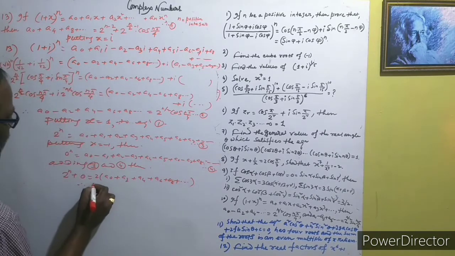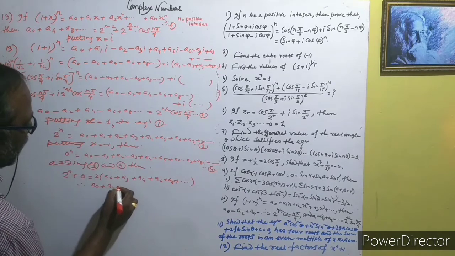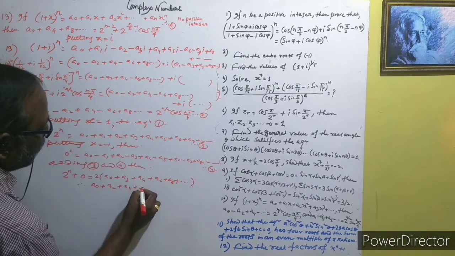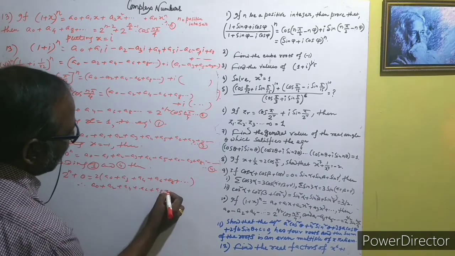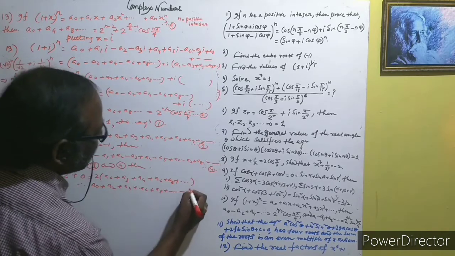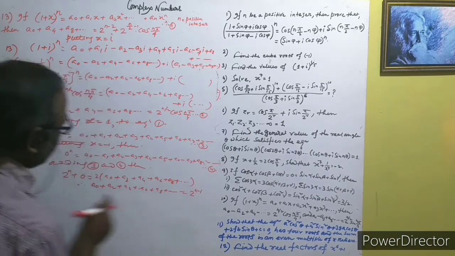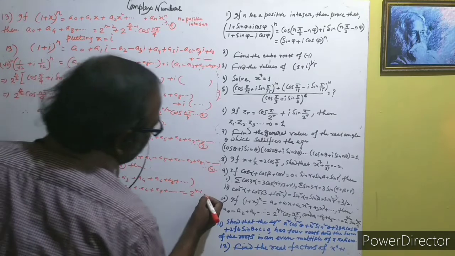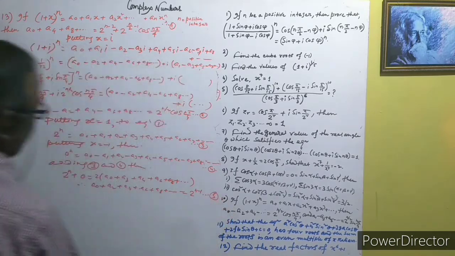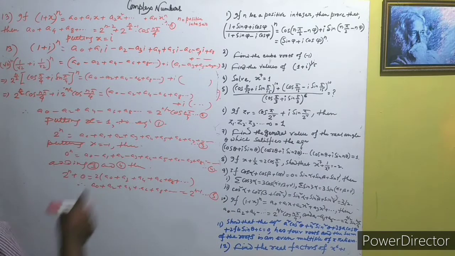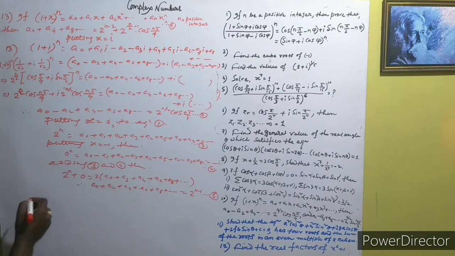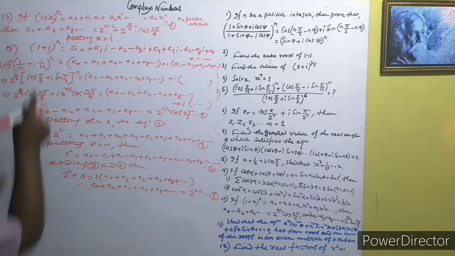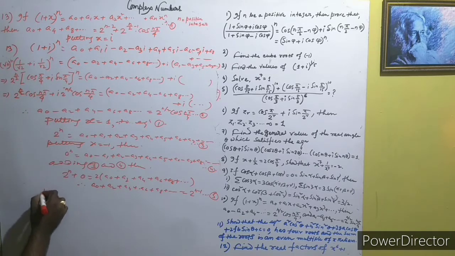Okay, therefore a0, a2, a4, a6, a8 is 2 to the power n minus 1 divided by 2. We get here equation 5. From 5 and 2, if we add these two, then we get the required condition.